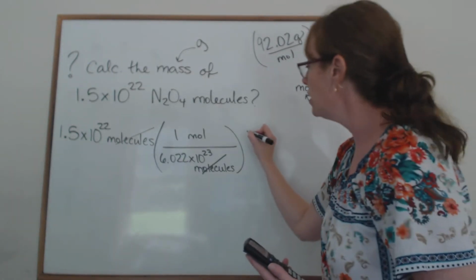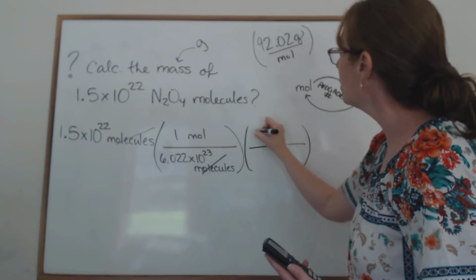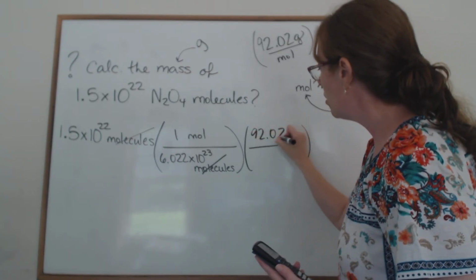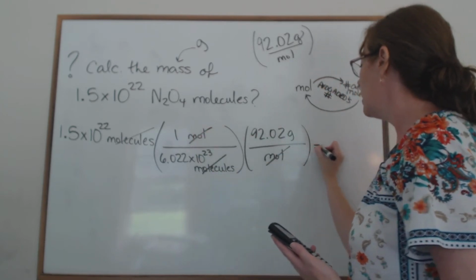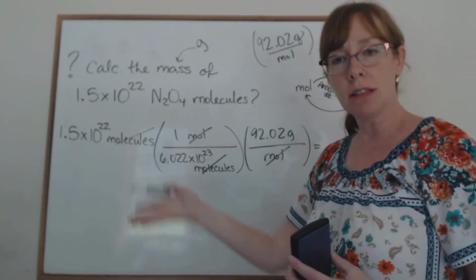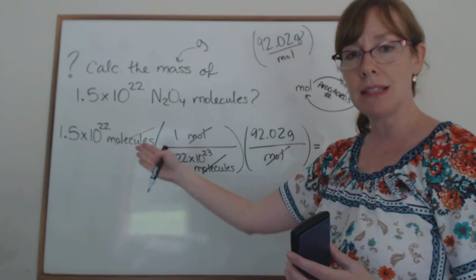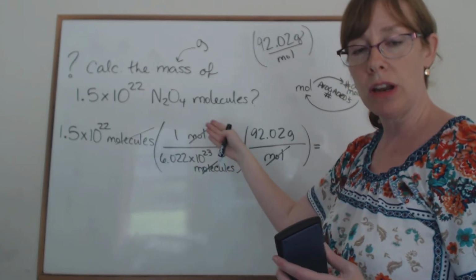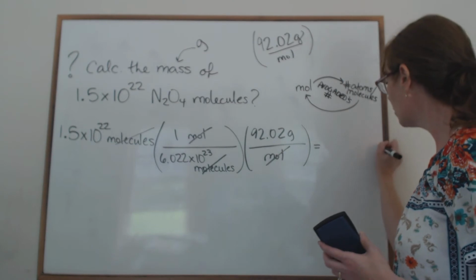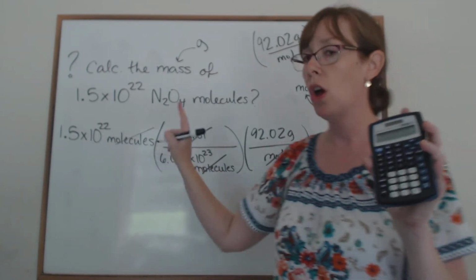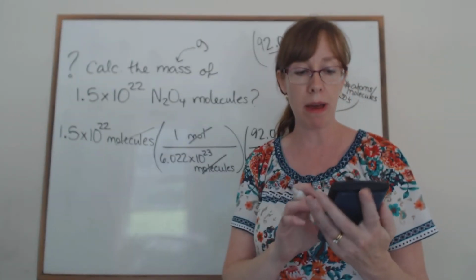And I will just go ahead and use that molar mass right here. 92.02 grams per mole. See how nice that is? What's really nice about this is that there's confidence that you did it right. You can see that you have successfully converted it first to moles and then to grams, and then your answer will be in grams.